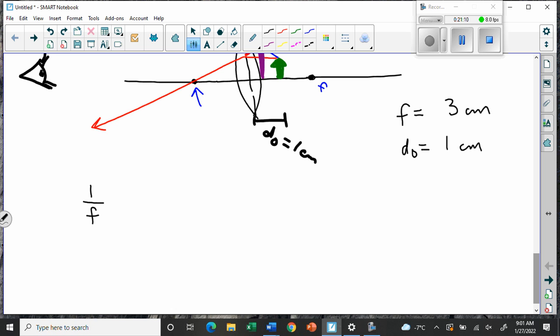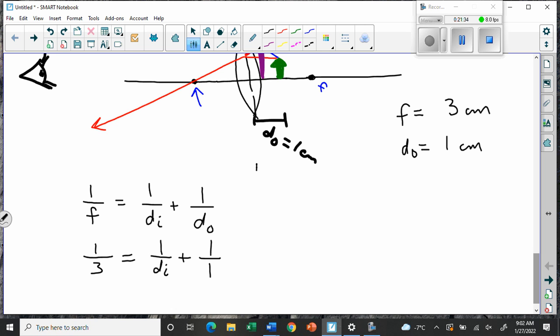So that means that I should use a positive number, right? So let's see what happens. Let's see if we get the right instructions coming out of this. Well, what we get is 1 over 3 equals 1 over DI plus 1 over 1.